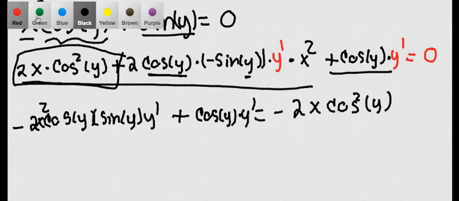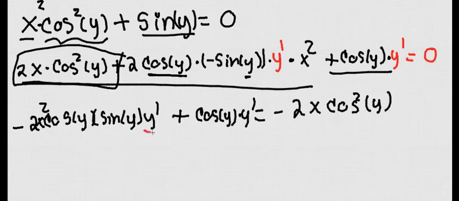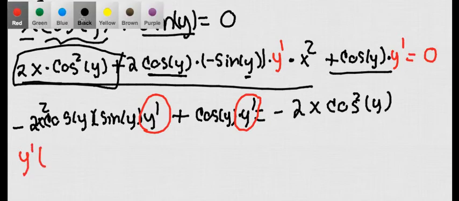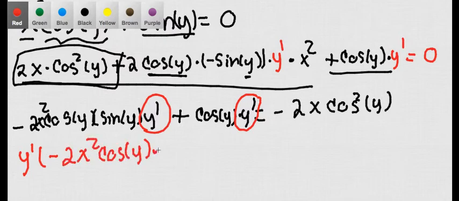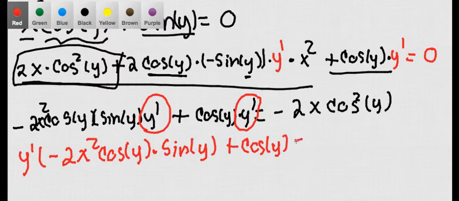Now, it's almost done. It's just messy, but it's almost done. This y prime, I'm going to go ahead and just factor it. And inside, finally, I'm going to have negative 2x squared cosine of y times sine of y plus cosine of y equals negative 2x times cosine squared of y.